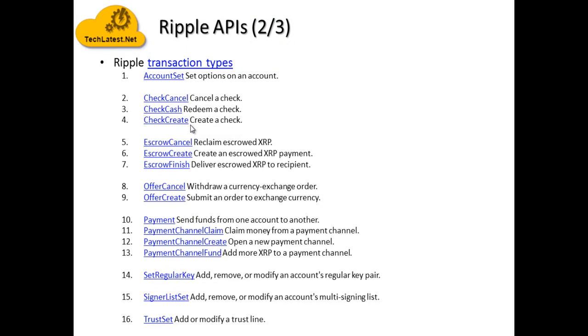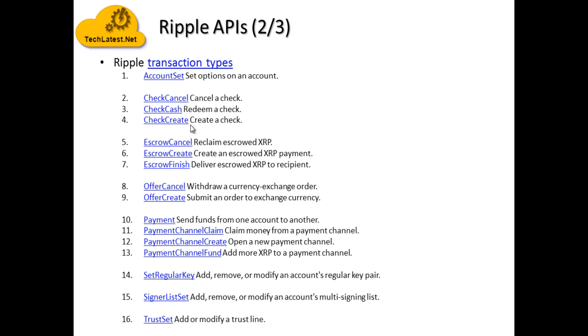Next three transactions deal with check. Just like in a traditional banking system, Ripple also supports the concept of check, wherein you have two parties, and one party, the sender, can issue a check for the receiver, and then the receiver can cash the check at any later date.